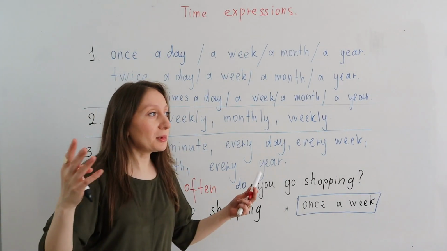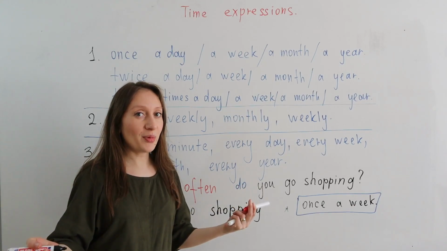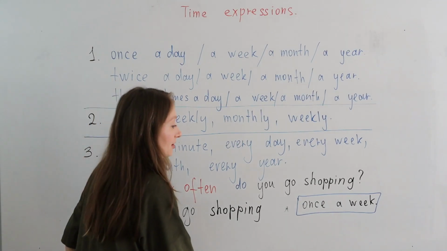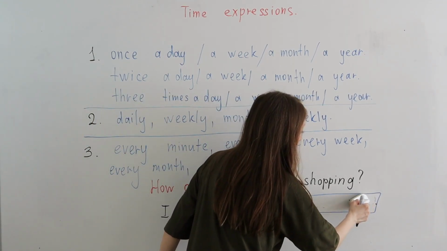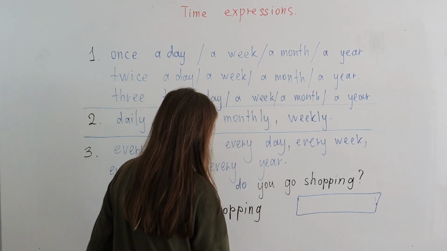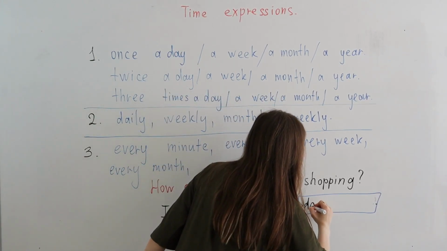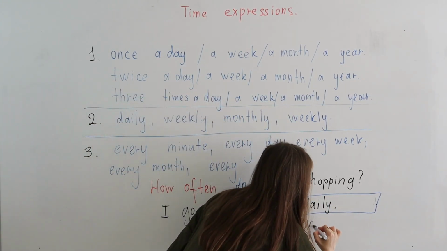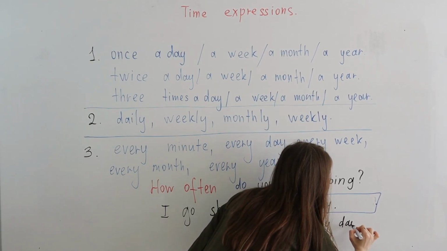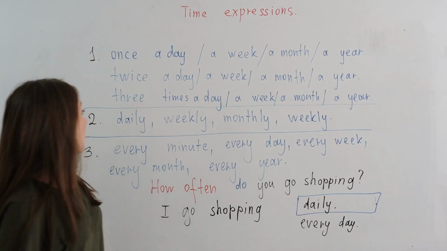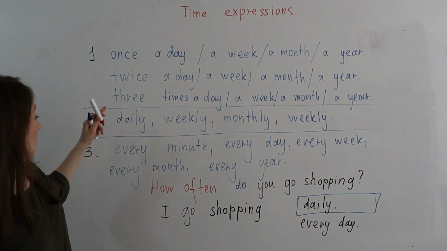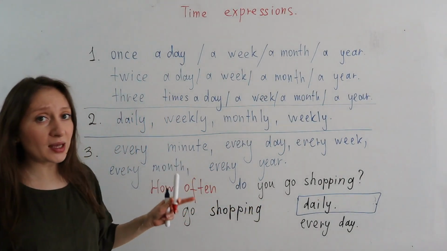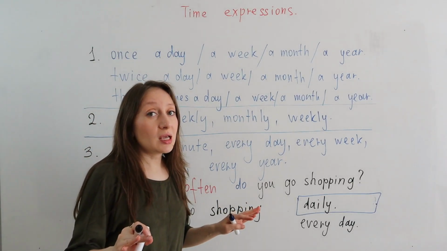The girls or anybody who loves going shopping, they can say, I go shopping daily. Yeah? If you love it, I go shopping daily. Instead of daily, you can say every day. I go shopping every month when you don't like it so much, right? It depends how often you do it. So it's super easy, right?